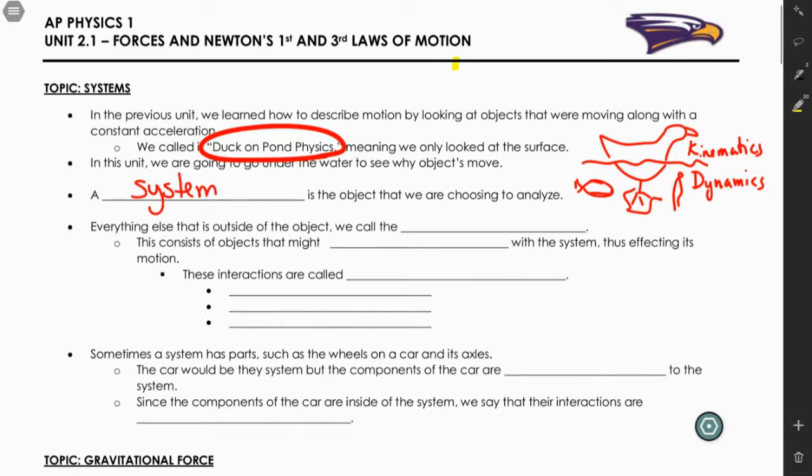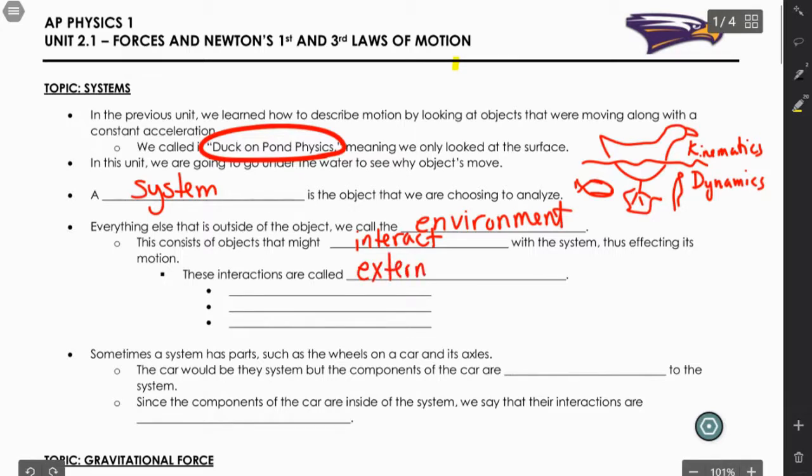So we're going to look at different objects and how they interact with its environment, and things that come in from external to the environment. So everything else outside of that system we call the environment. And this will consist of objects that might interact with the system. So there's that word again, interactions, thus affecting its motion. These interactions that come from outside of the system are what we call external interactions, or external forces.